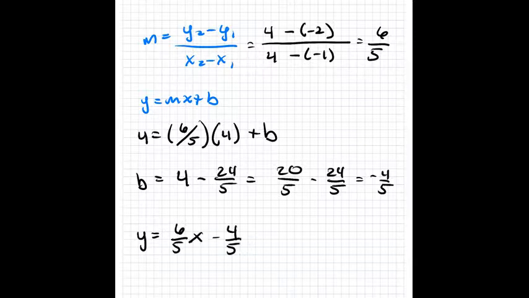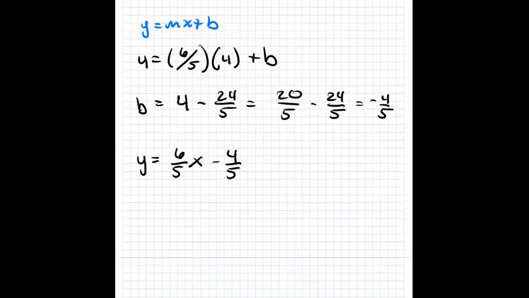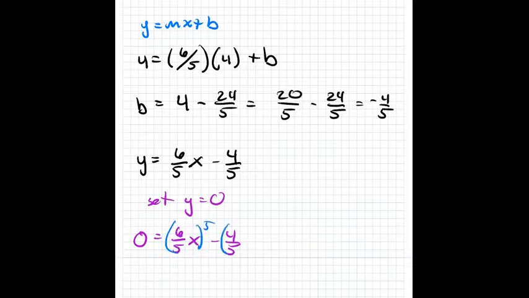So now we have the equation of the line, and we want to find the x-intercept. To find the x-intercept, we set y to 0. Then we have 0 equals 6/5 x minus 4/5. I'm going to multiply the left and the right by 5, distributing a 5 into all the terms.